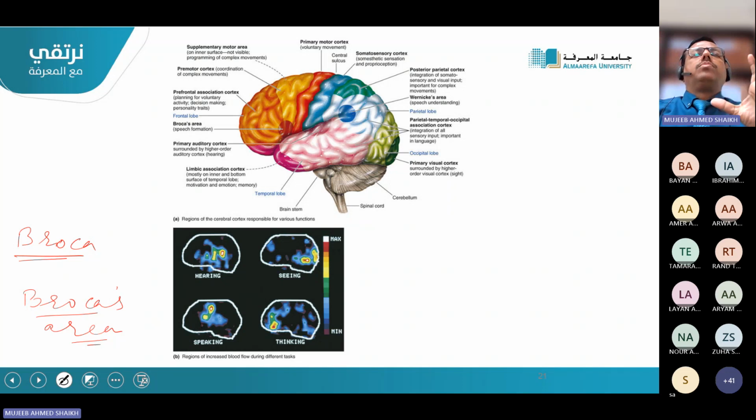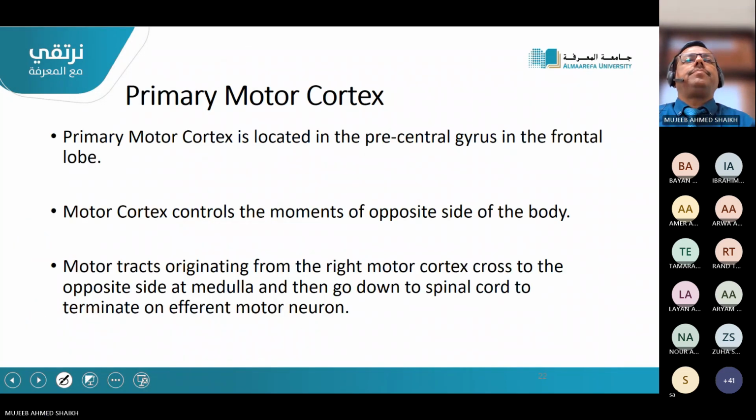You just remember 4 lobes are there: frontal, parietal, temporal, and occipital. Frontal for motor activity and speech, temporal for hearing, occipital for visual, the visual cortex, and parietal for sensory information. At the foundation level, you just have to describe briefly.